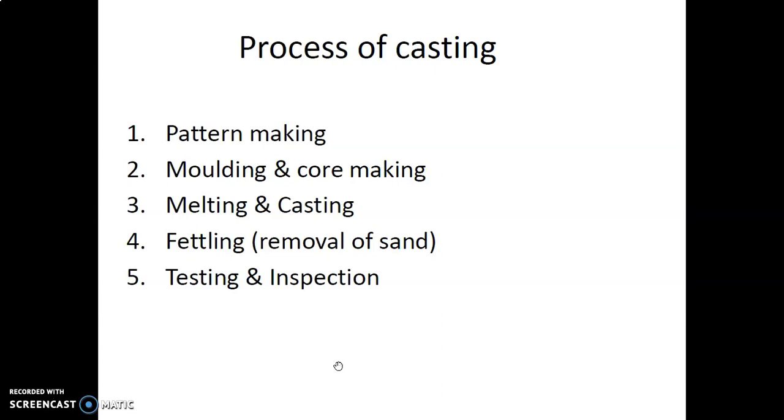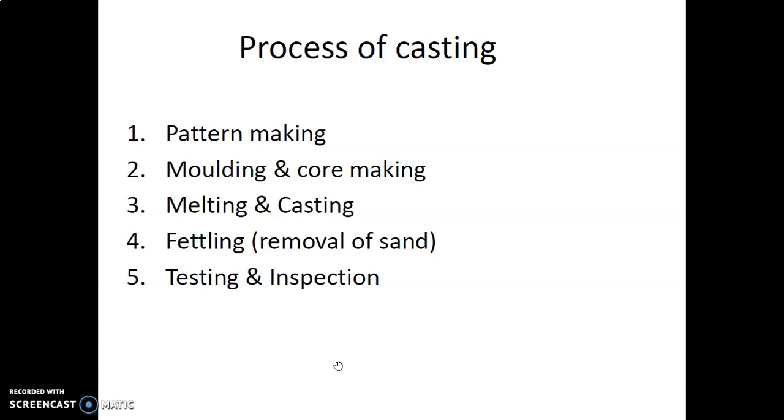Second thing is molding and cope making. As we have shown in the video, we made two different boxes for cope and drag. It is known as the cope and drag, okay, which was filled with this sand. So this is also a very important process. Melting and casting, again we are pouring the molten metal into the cope and drag, and it was very interesting, okay.